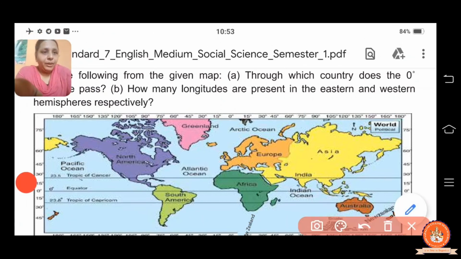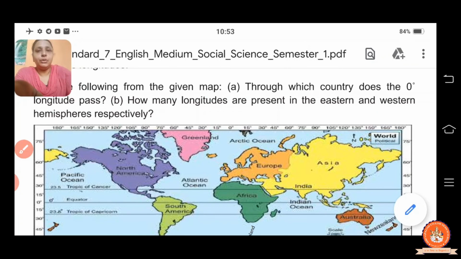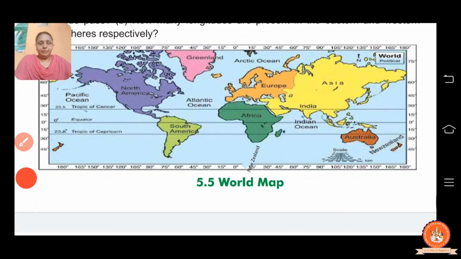From the map, the 0 degree latitude will pass, and we will show it. Okay. First question: through which country does the 0 degree longitude pass? Okay. The 0 degree passes through the United Kingdom, England.